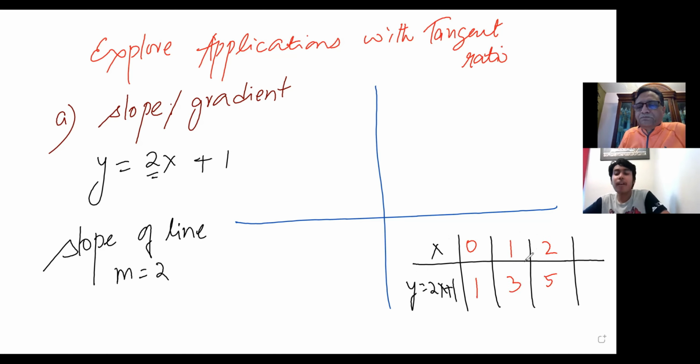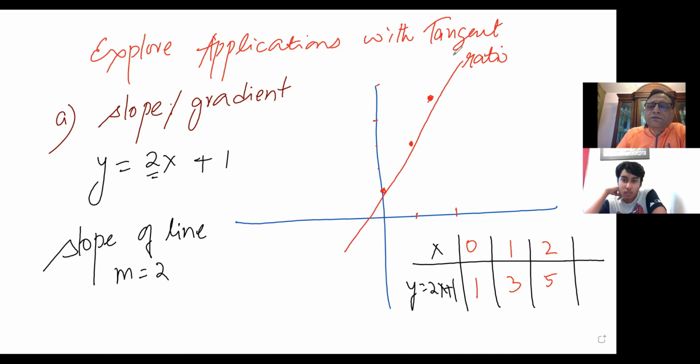So plotting these points, at 0 we get a value 1, at 1 we get 3, and at 2 we get 5. All 3 points are actually in a straight line, correct? Okay, let me draw a better line so that we connect them.